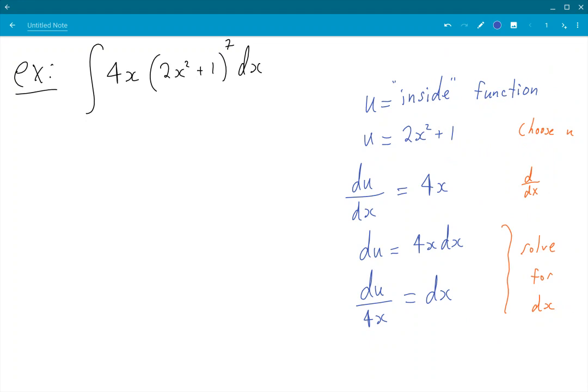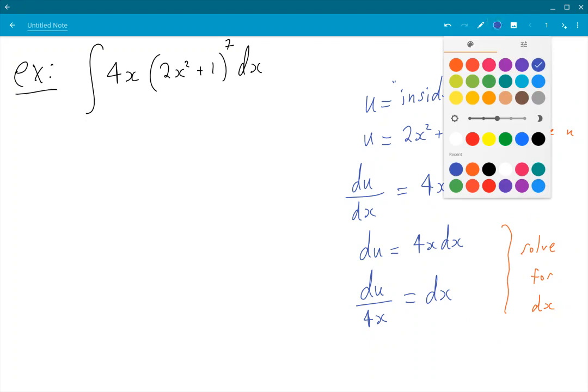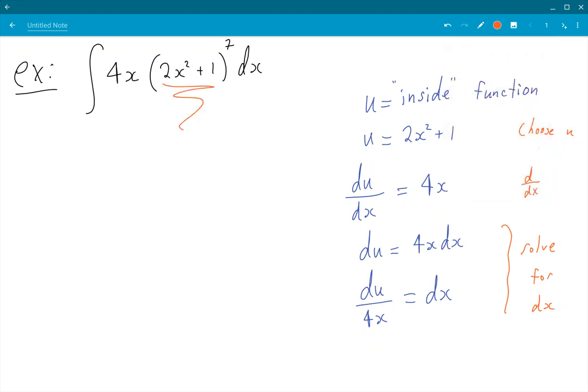Okay, so now I'm going to do the actual substitution. Okay, over here, this is u right here. So I'm going to replace 2x squared plus 1 with u, and I'm going to replace dx with what I found down here.